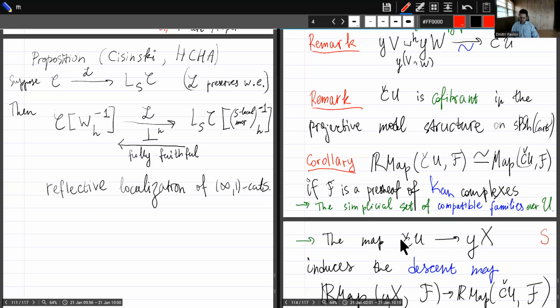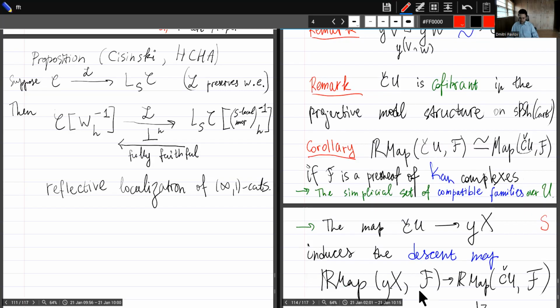So what's going to happen is we are going to pick an arbitrary simplicial pre-sheaf F, and we'll start mapping the domain and codomain of this map into F. So this will induce a map on derived mapping spaces. So the derived mapping space from the representable pre-sheaf of X into F will map to the derived mapping space from the Čech nerve of the open cover to F via the restriction along this map here.